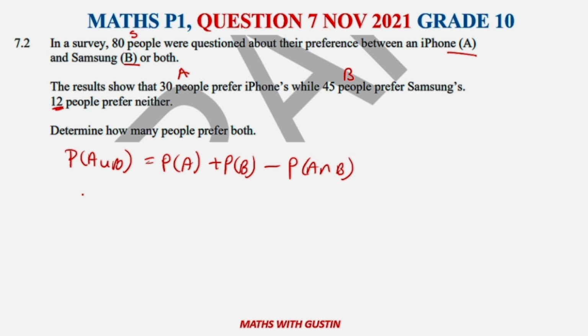If we come here, what is the number of people? The sample is 80.